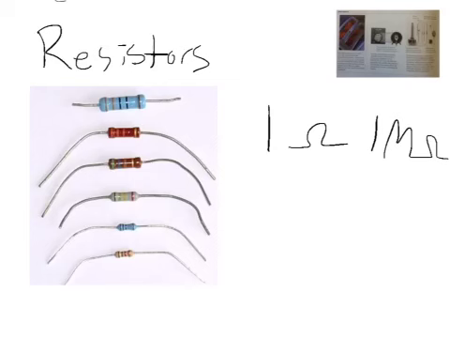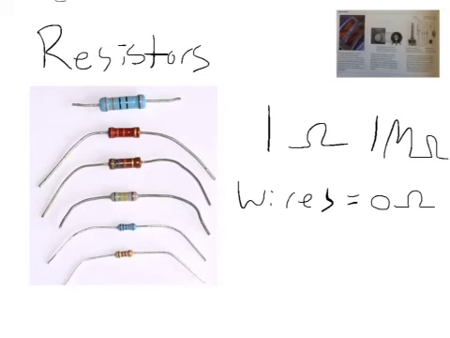We have wires that are made of metals. Wires have very small resistivity, so they have very small resistances. We're always going to assume that wires in our circuits have zero resistance.